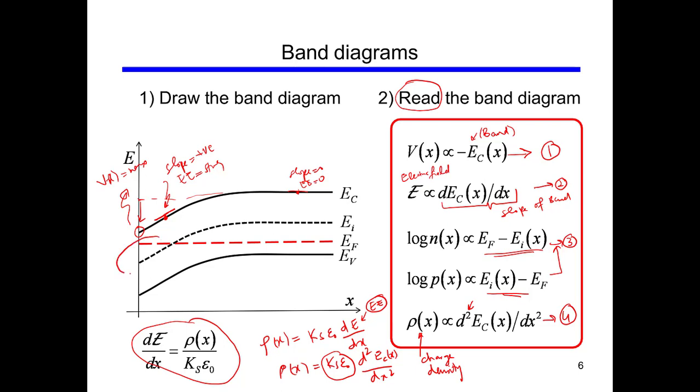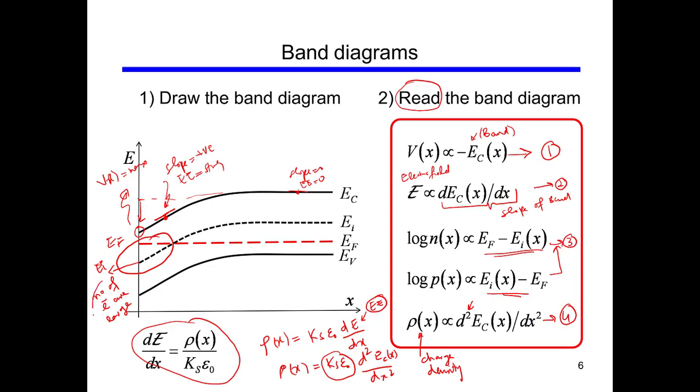Now look at this point. This red one is EF, and this is EI. So the Fermi level is above the intrinsic level. That means that the number of electrons is large here near the insulator.